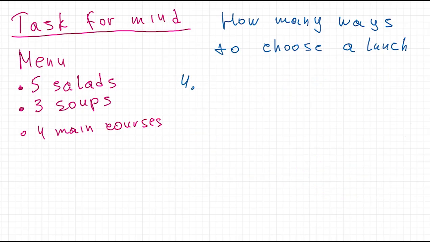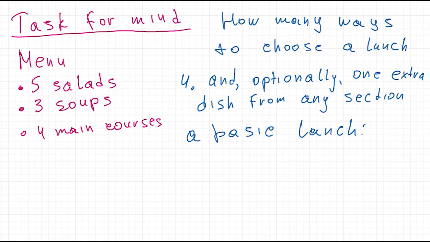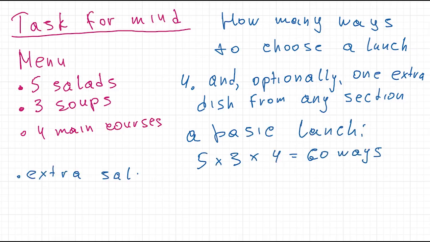How many ways to choose a lunch and optionally 1 extra dish from any section? The extra dish may be of the same type as already chosen. Firstly, choose a basic lunch, no extra, 60 ways. If an extra salad is added, we get 60 times 5, that is 300 possibilities.